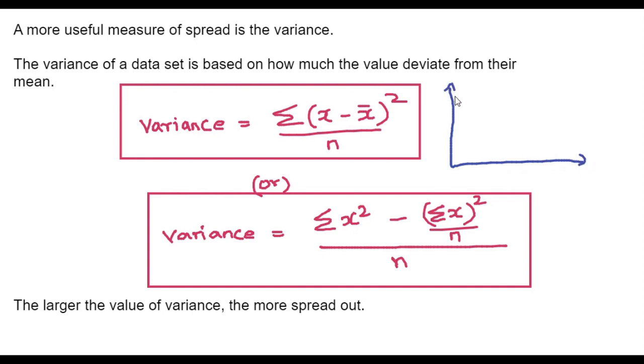These are the dataset points, and this is the center of the dataset, that is the measure of central tendency, this one, and the distance between the data set point and the center value.